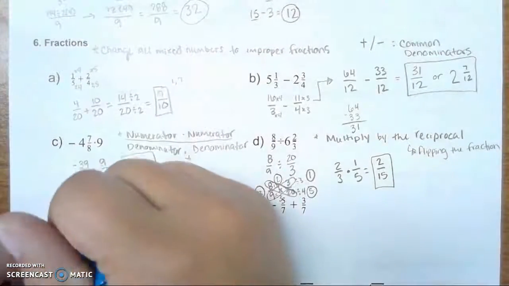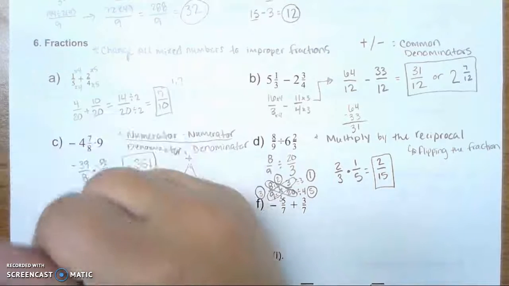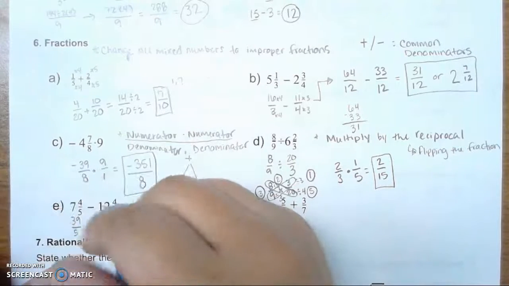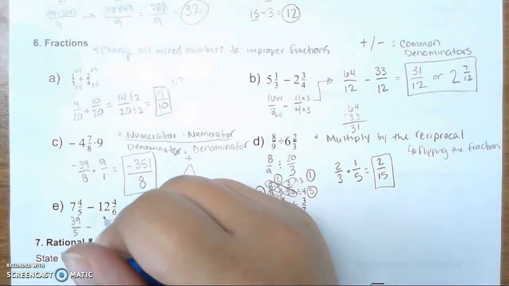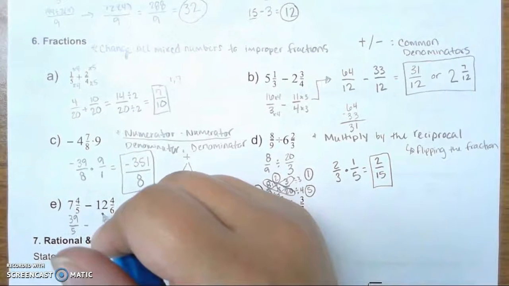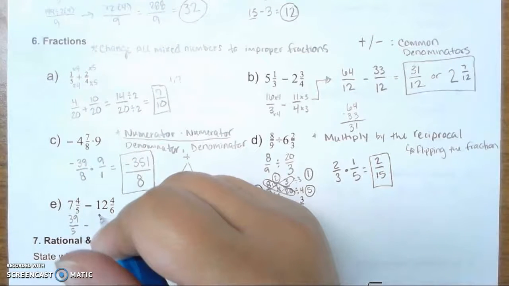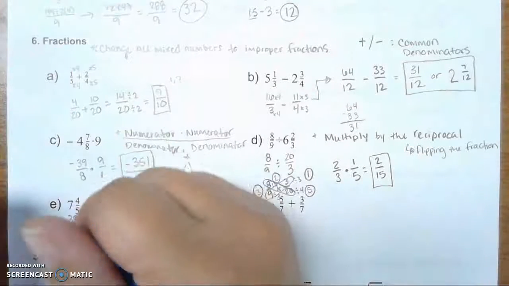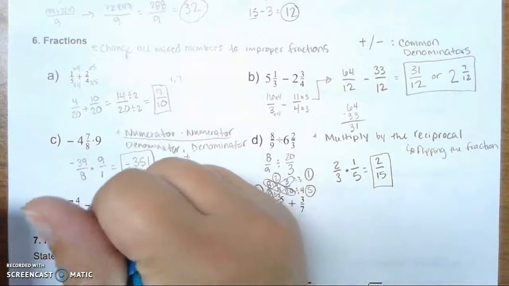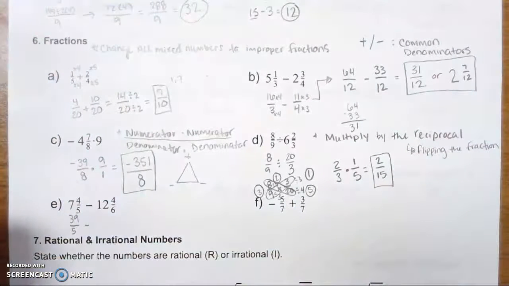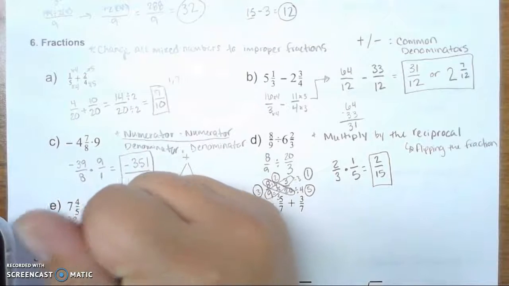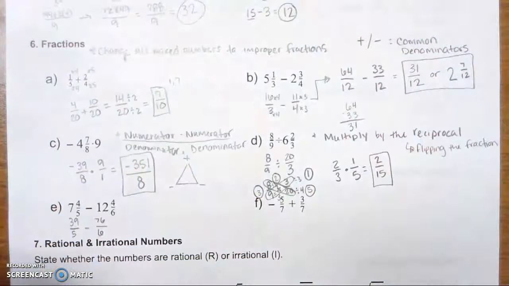So that gives us 7 times 5 is 35 plus 4 is 39 over 5 minus 6 times 12 is 72 plus 4 is 76 over 6.